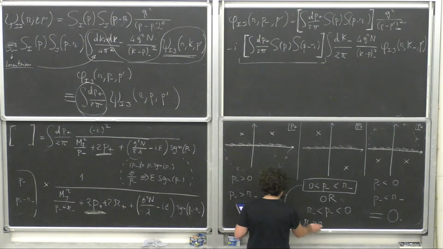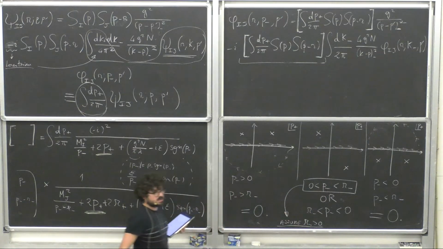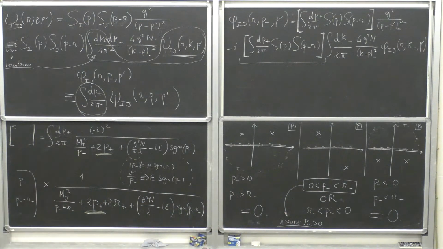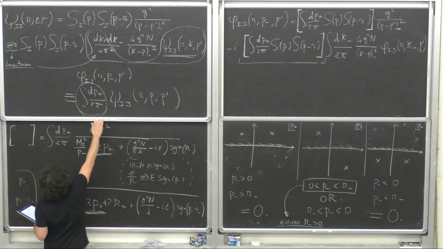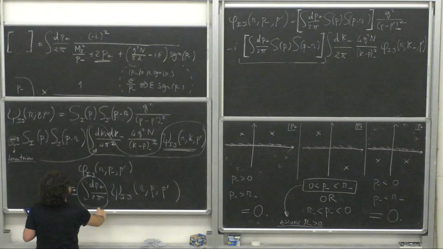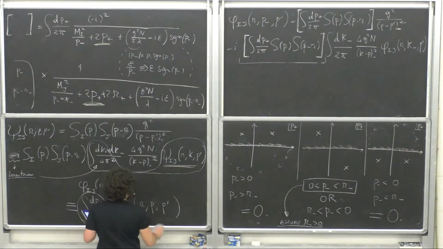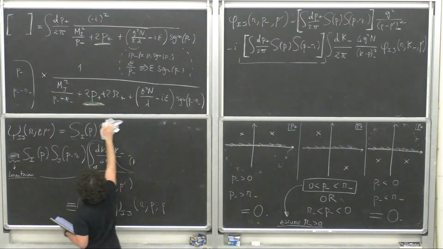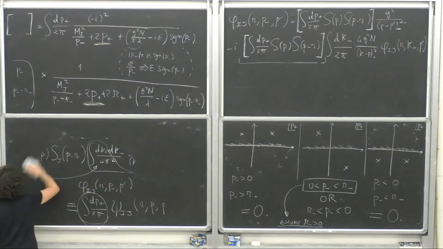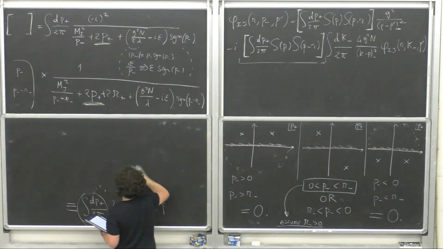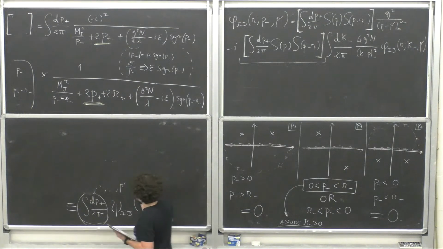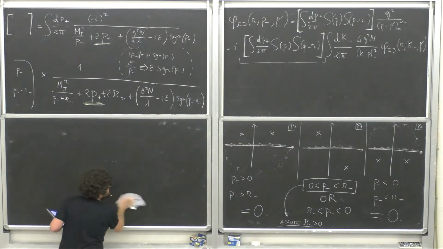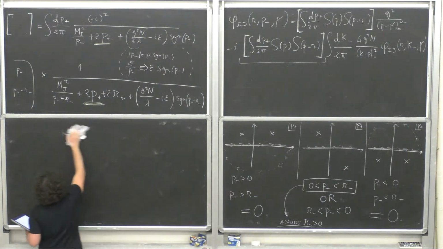So assume r minus is bigger than 0, and then p minus has to be between 0 and r minus. I think I can erase here. Sorry, we have to suffer a bit, but then it's going to pay off.